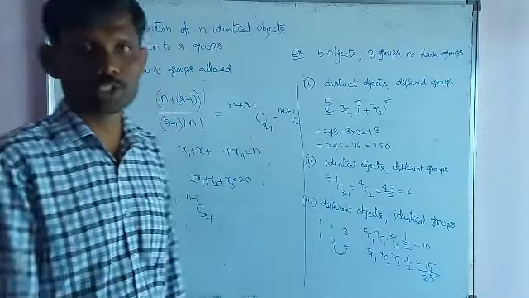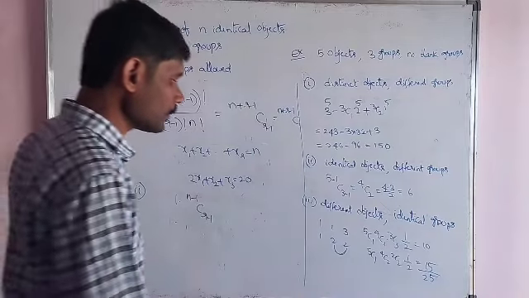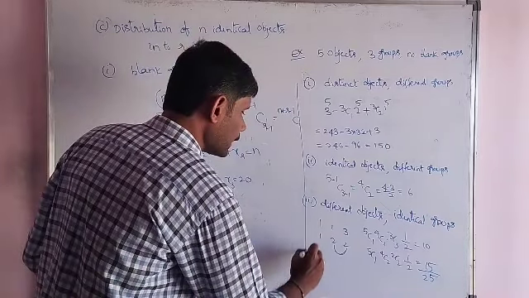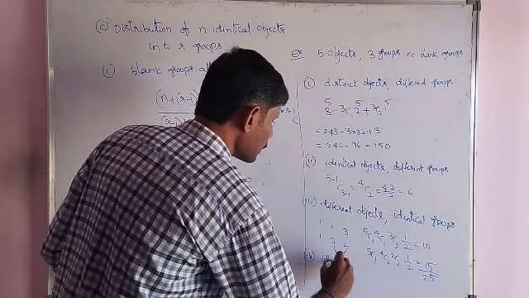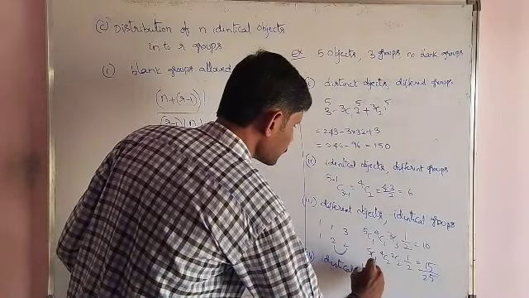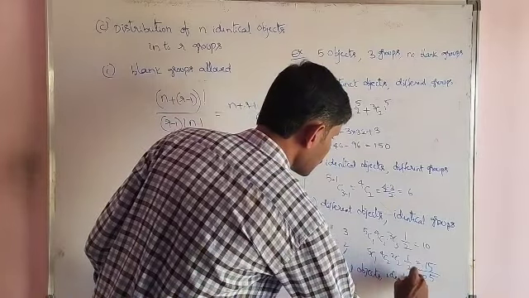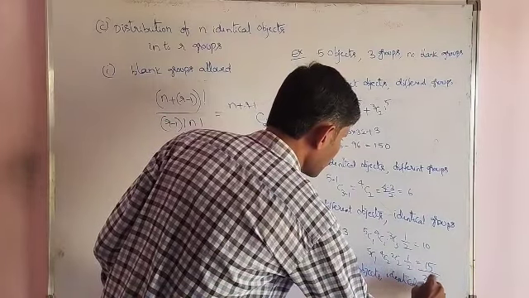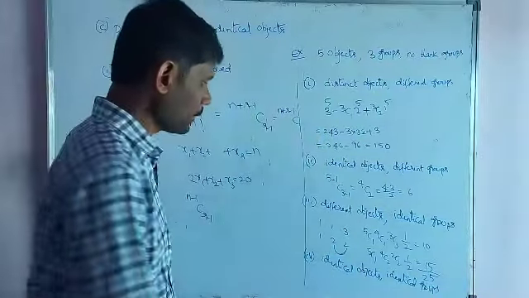We can't differentiate which group is which. No distinction between the groups. And the last one: both are identical, identical objects, identical groups. Again same thing, here no group is empty.